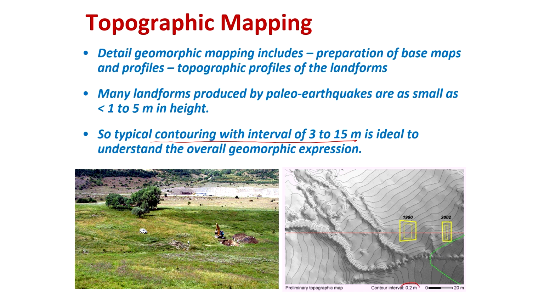The contours were of 0.2 meters, a 20 centimeter interval, and that helped them identify these river offsets. Over here, this is the offset of the river, and you have the offset over here also. And finally, they identified the trenching site.